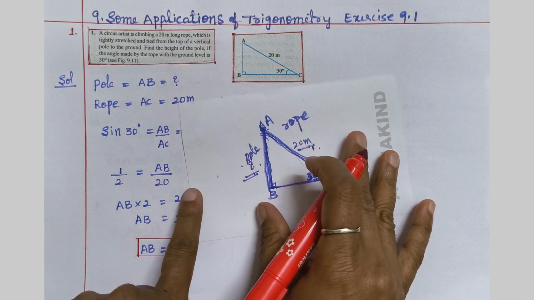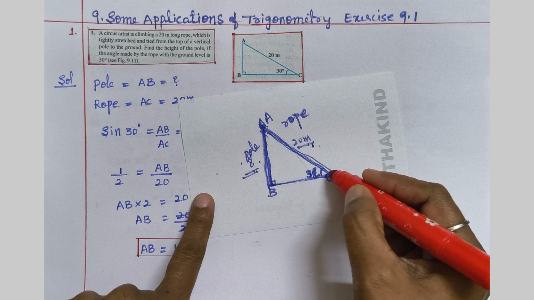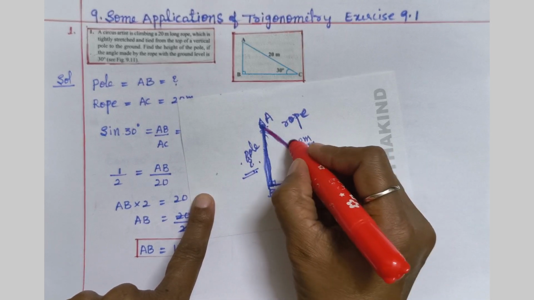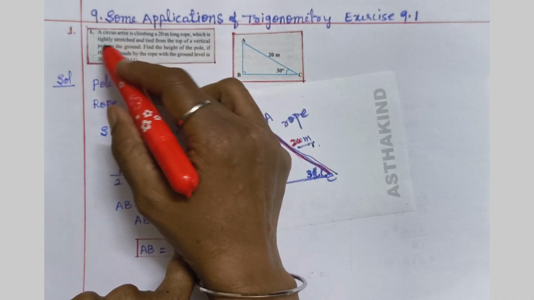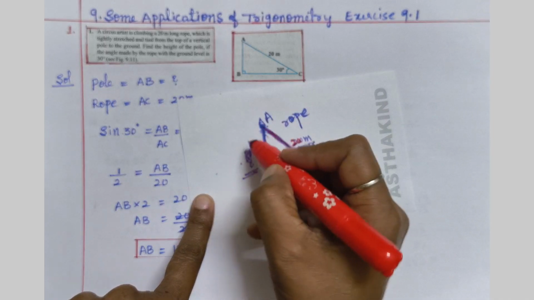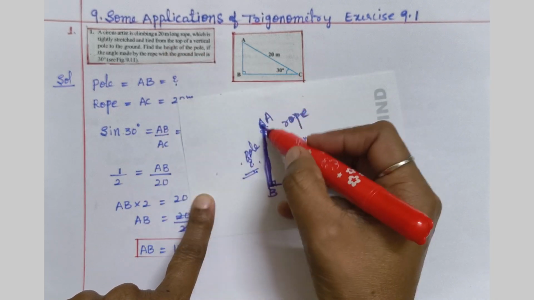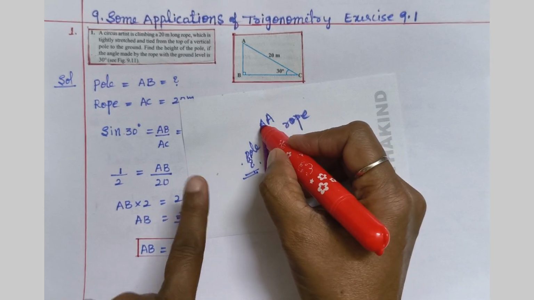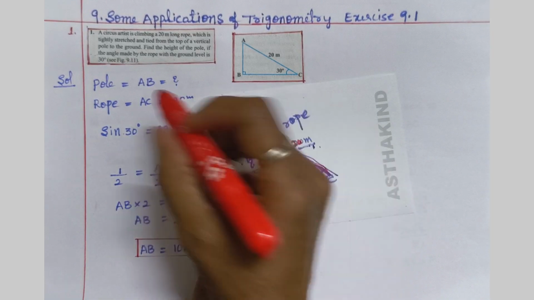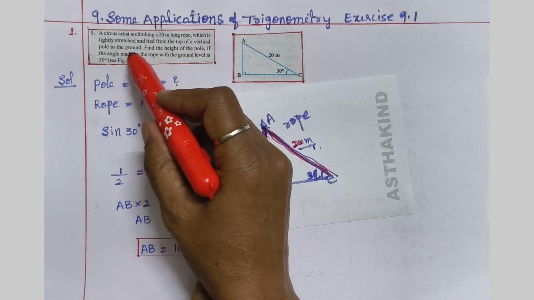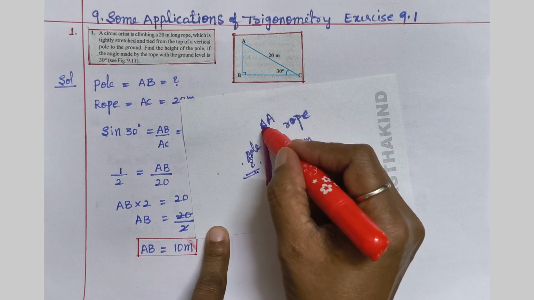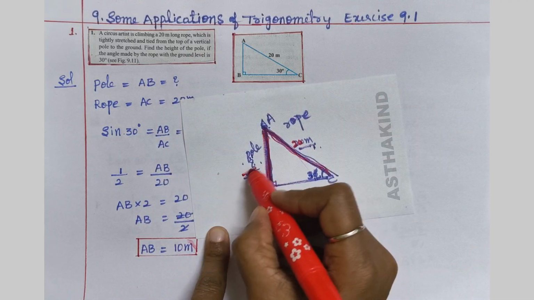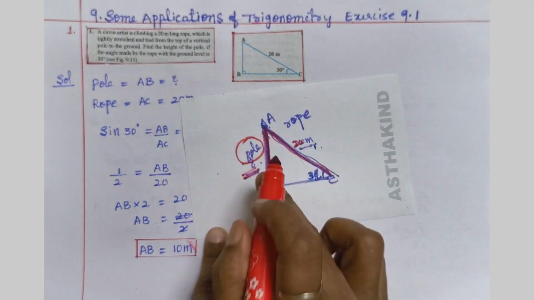This is the rope, tied from the top of the vertical pole to the ground level. Next, find the height of the pole. This pole height we have to find.